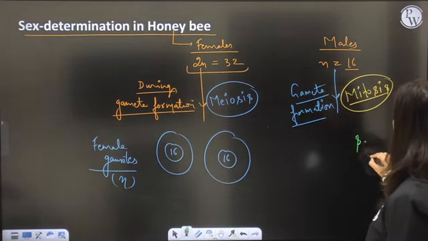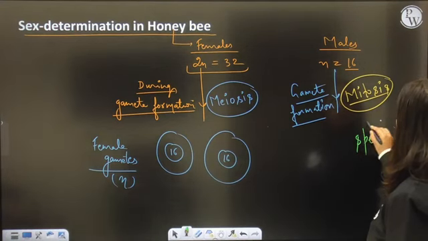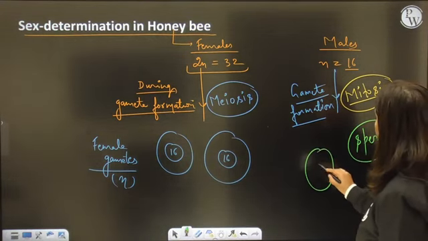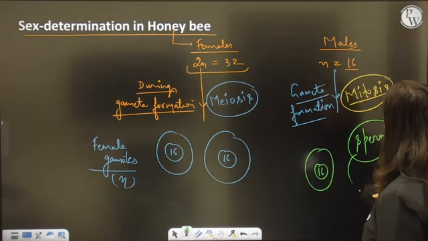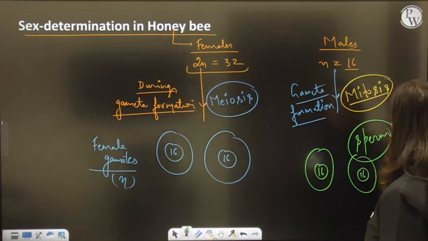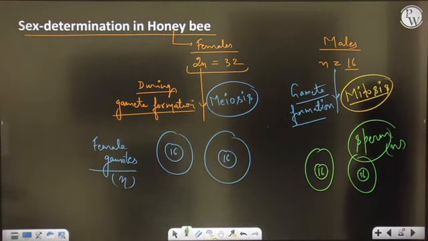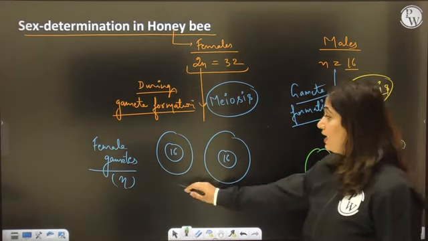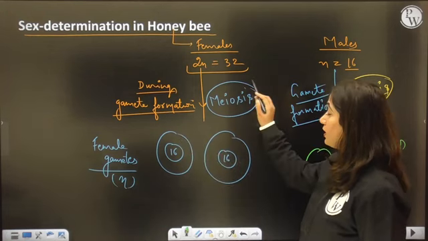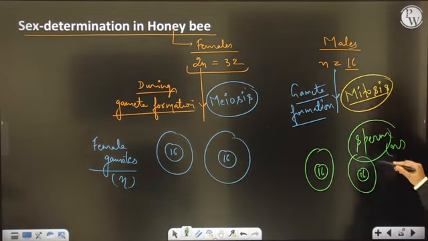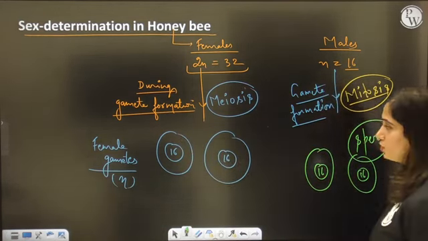So the sperm would have 16 chromosomes. Okay, so sperm and egg both would have 16 chromosomes, but the egg is the product of meiotic division and the sperm is the product of mitotic division.